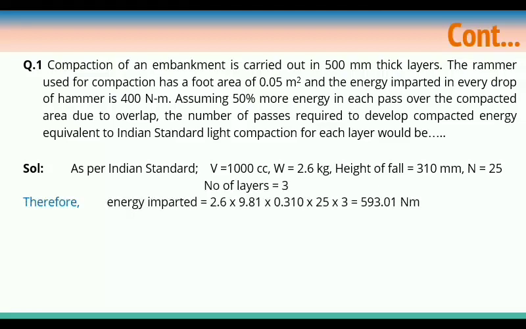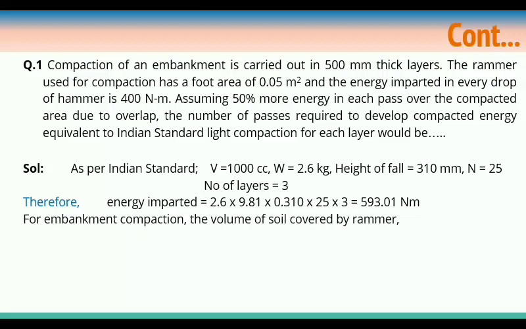So we can calculate the energy imparted simply by multiplying the weight of the hammer by the height of fall. But the hammer falls 25 times in each of 3 layers. Multiplying all this data, we get 593.01 Newton meter. So this energy, 593.01 Newton meter, is required to compact the 1000 cc, right?